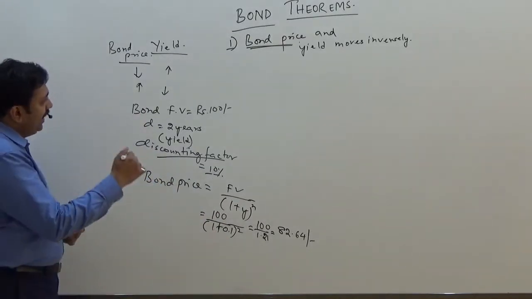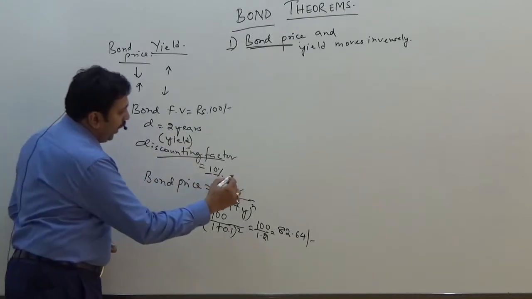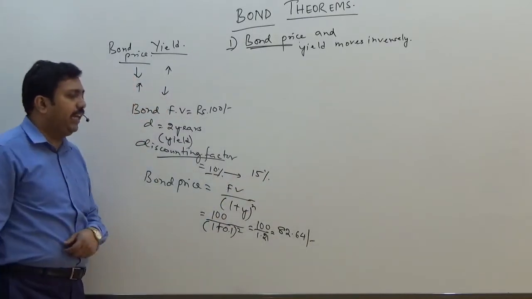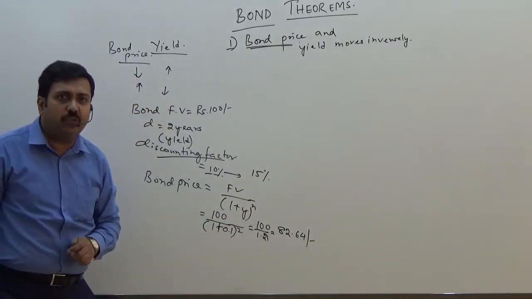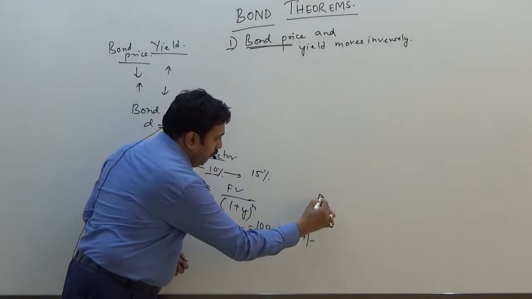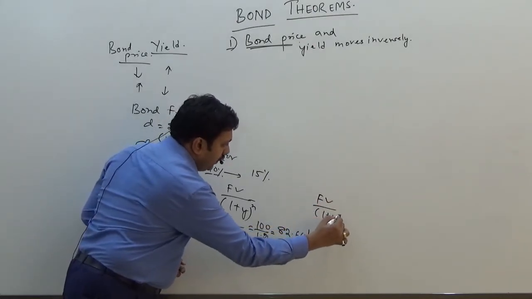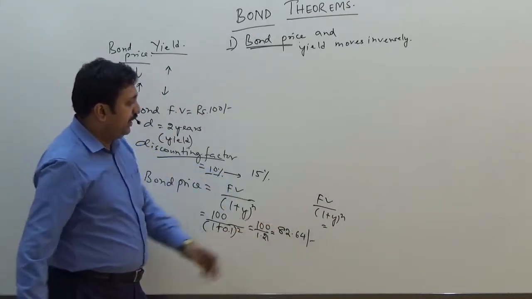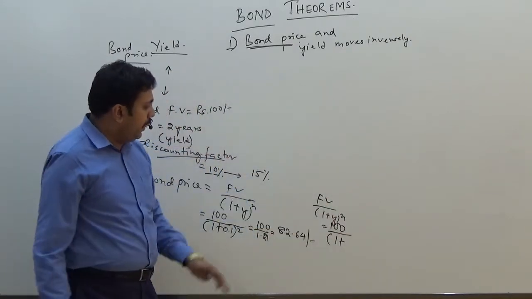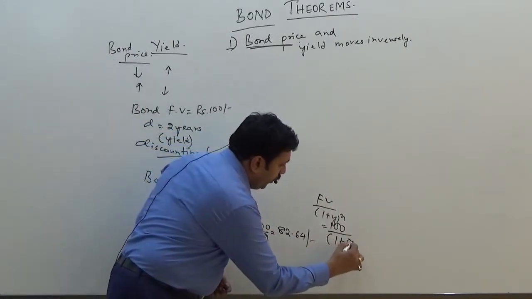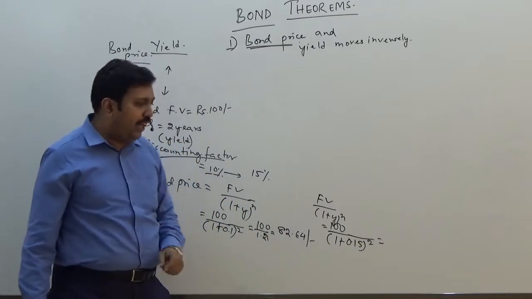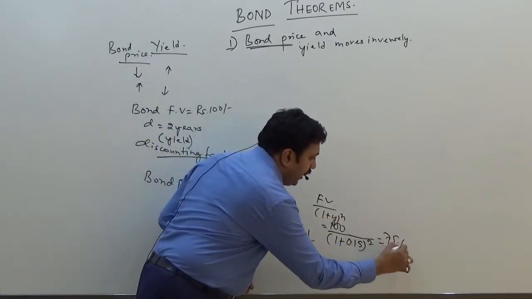Now, if I increase the discounting factor from 10% to somewhere around 15%, how is my calculation going to change? The formula remains the same: face value divided by 1 plus yield to the power of n. My face value remains the same, 100, divided by 1 plus yield rate, that is 1.15, to the power of 2, which comes to somewhere around 75.61.